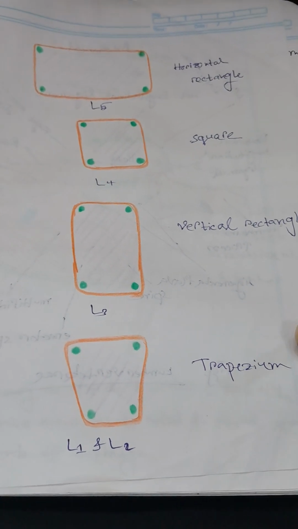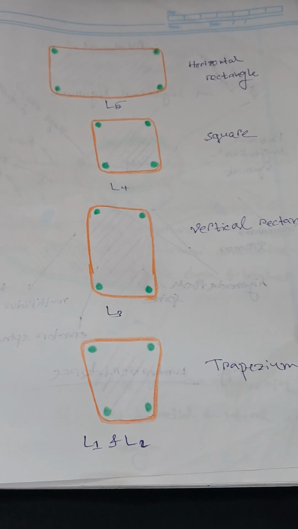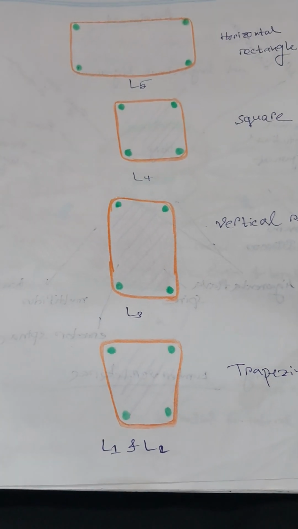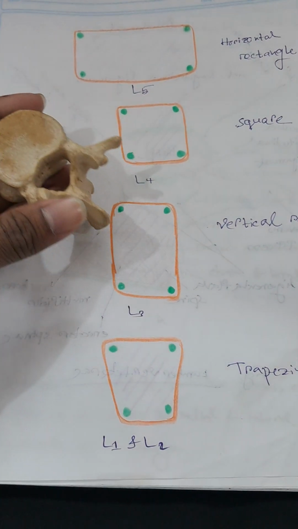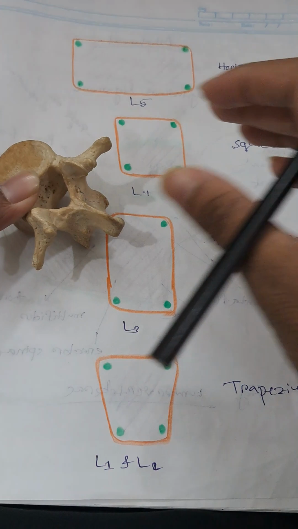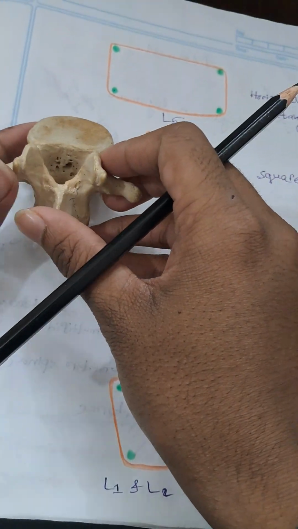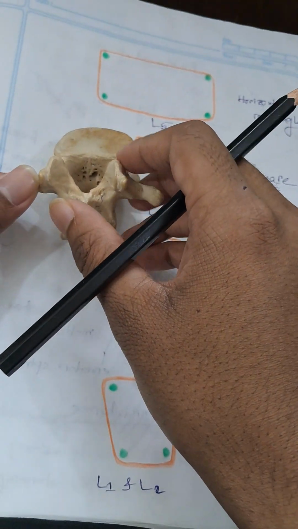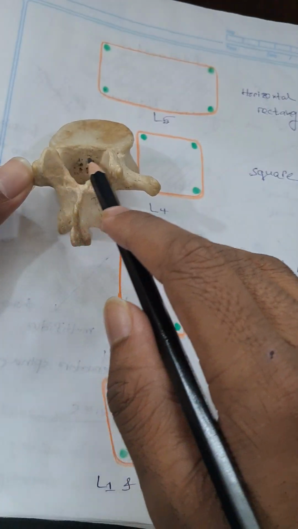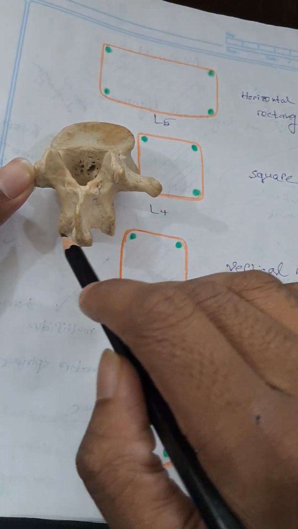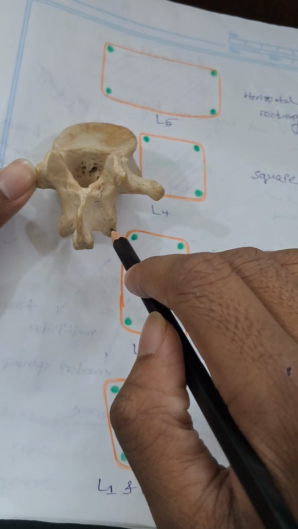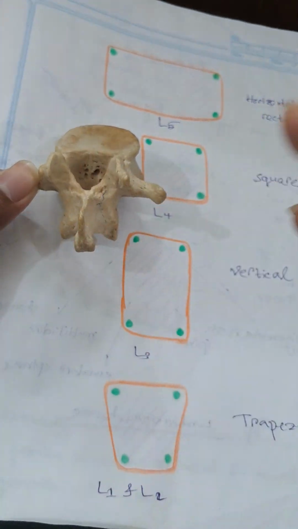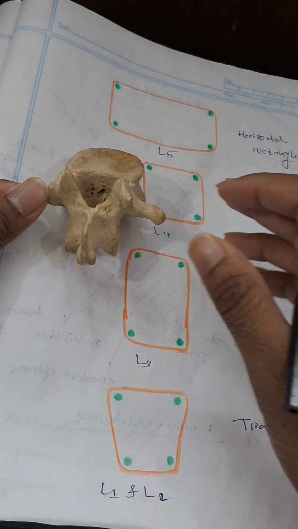If we see this diagram, it is called Fawcett's rule. If we draw lines between the four articular facets, it will form a shape.